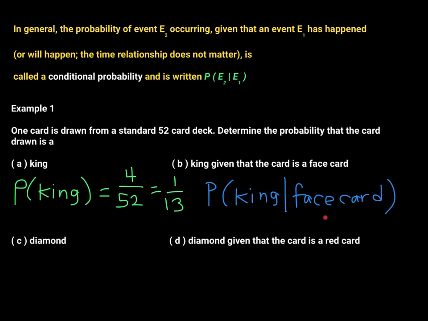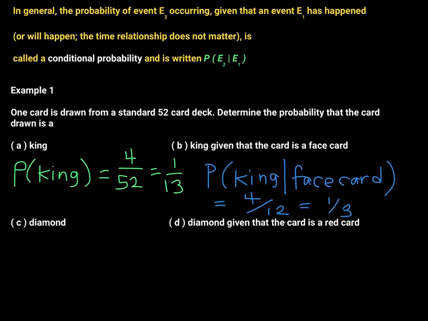That means this probability is 4 kings out of 12 face cards. Those are the only possible outcomes. So then this is 1/3. That's the answer for the second one.